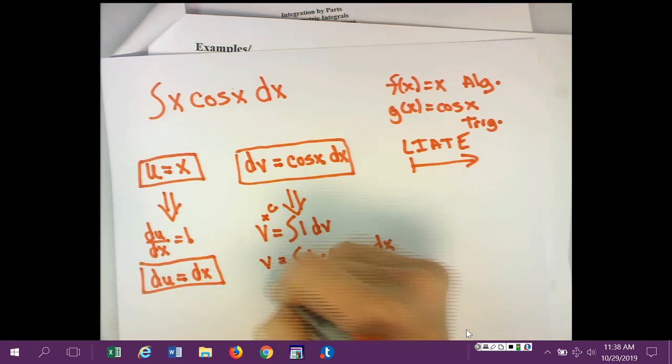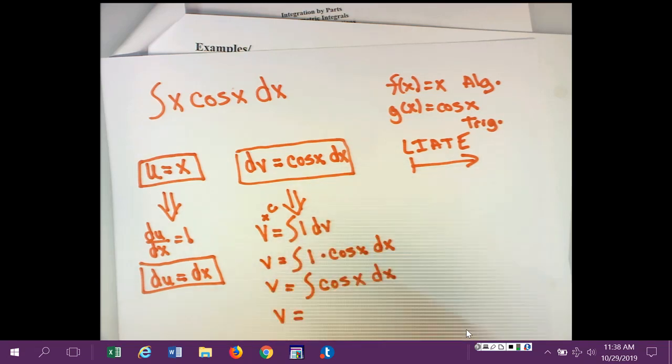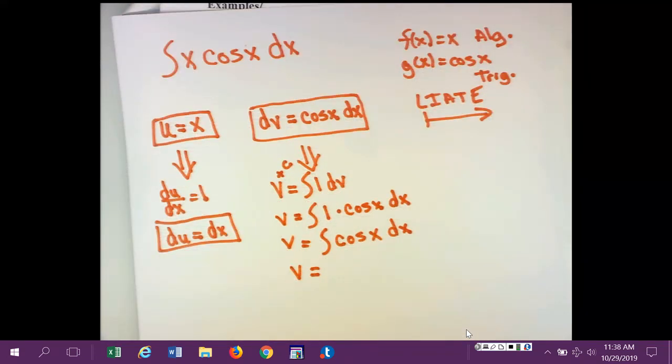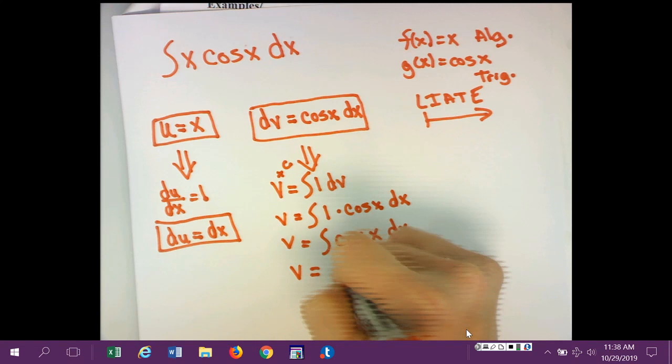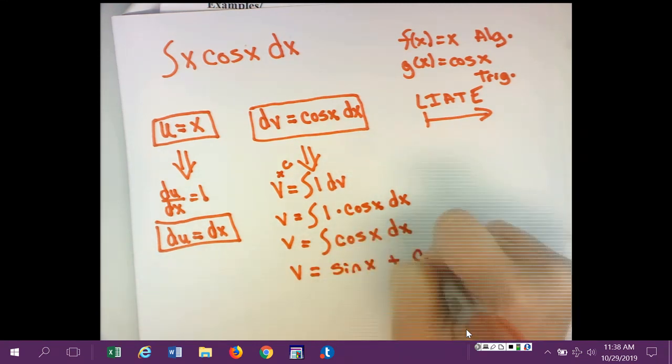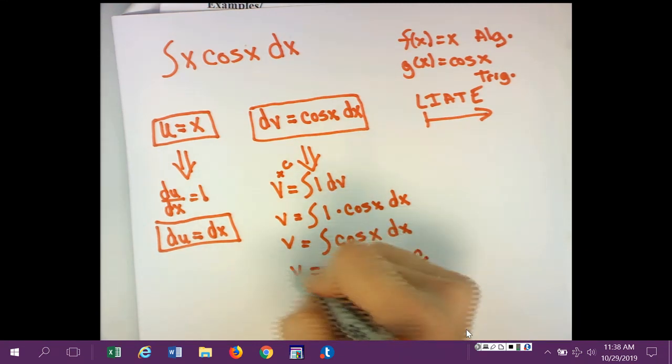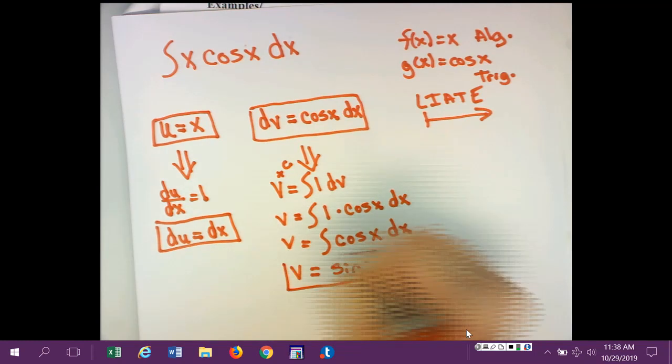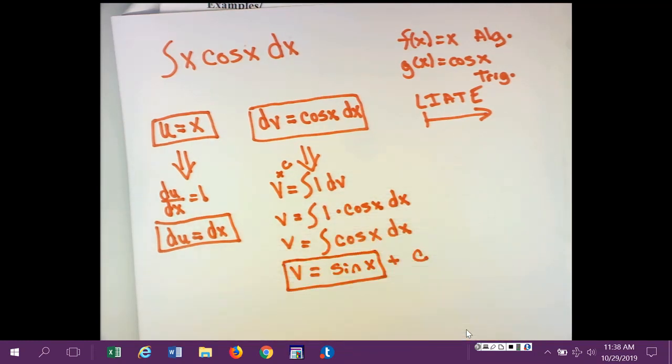And that will give us our v, which is our fourth part of integration. And everyone should know what the antiderivative of cosine x should be, and it's sine x. Usually you would say plus c, but in the box you will not include the plus c. If you include the plus c, I will count off.